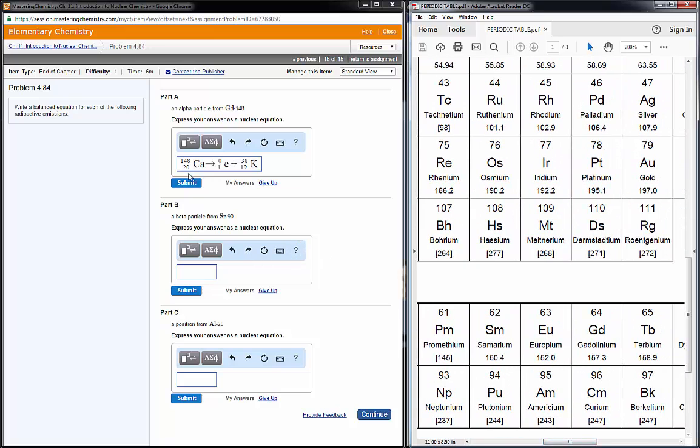Gadolinium, number 64. And if I'm doing an alpha particle, then that gives me a mass of 4, charge of 2, and I'm a helium nucleus. 148 equals 4 plus 144. 64 equals 2 plus 62. And element number 62 is samarium, Sm.